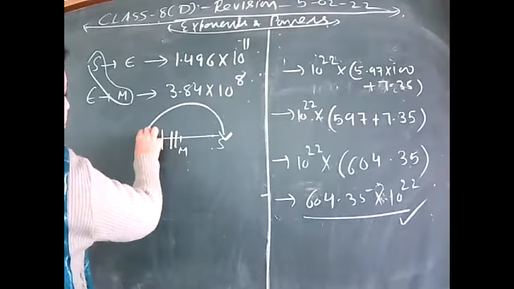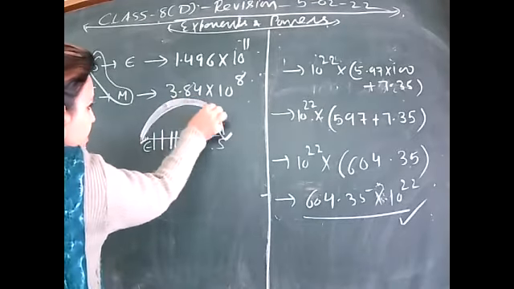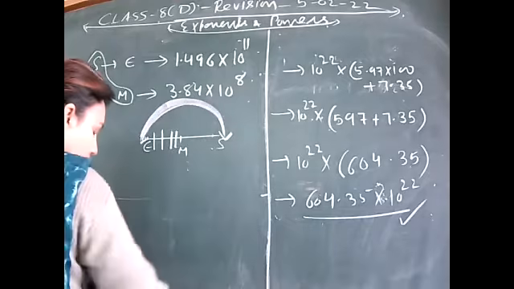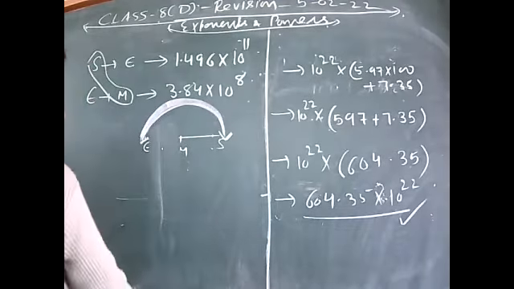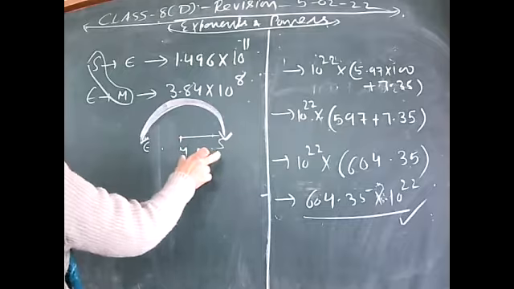If from this whole distance, that is Earth and Sun's distance, we subtract Earth and Moon's distance, then we will get the distance between Sun and Moon.